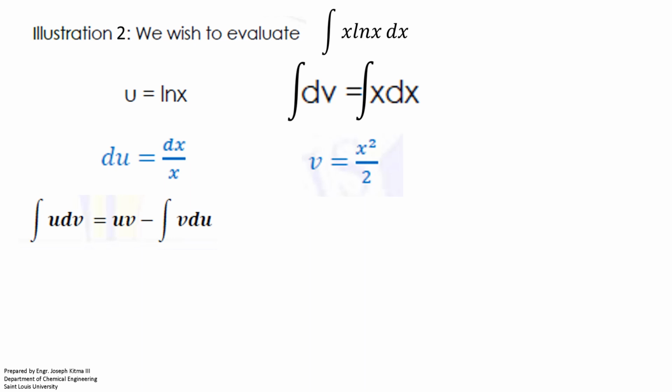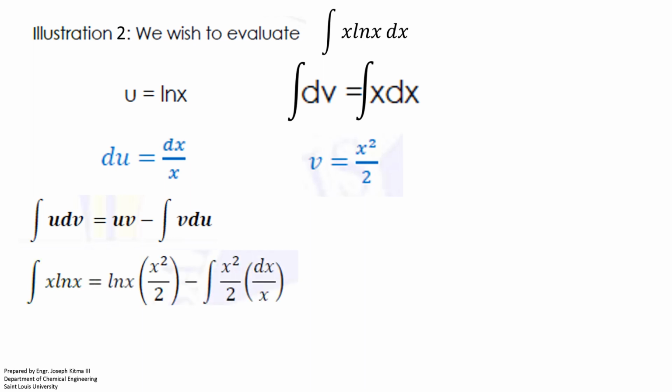So, uv is equivalent to ln x times x squared over 2, while our v du, the integral of the v du, is actually x squared over 2 times the integral of dx over x. If we simplify the first term, that becomes x squared over 2 times the ln of x.